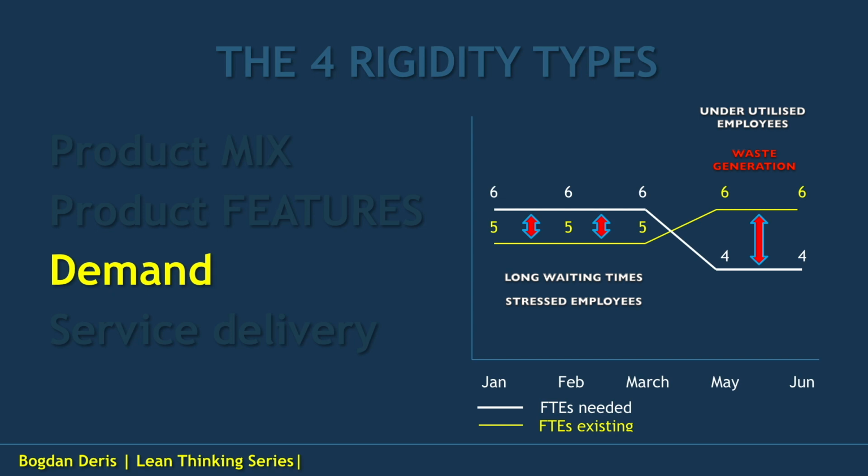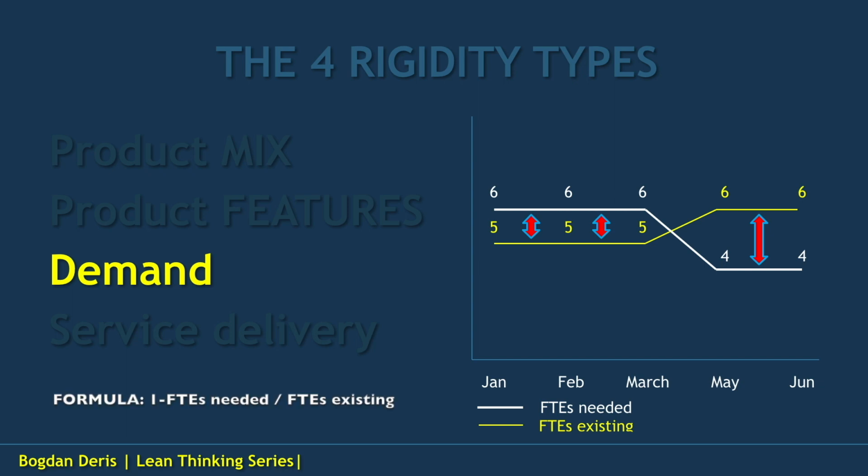The formula to calculate rigidity might seem a bit complicated, but it really isn't. It's 1 minus FTEs needed divided by FTEs existing, or employees needed divided by employees existing. So if we take a look at January, it will be 1 minus 6 divided by 5, which is basically 1.2.